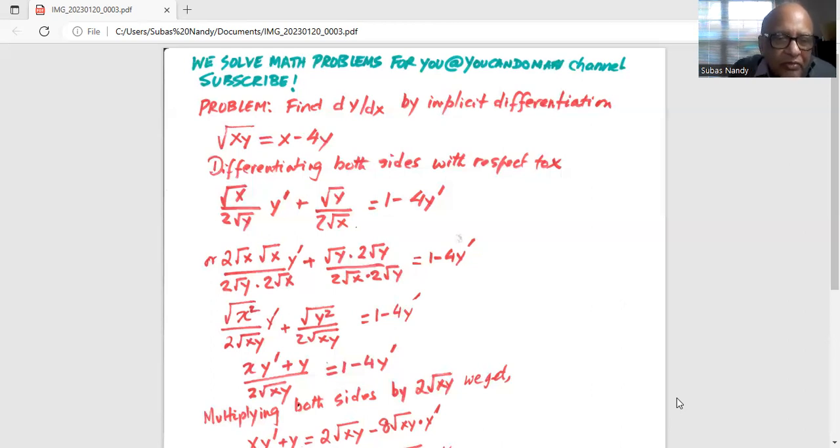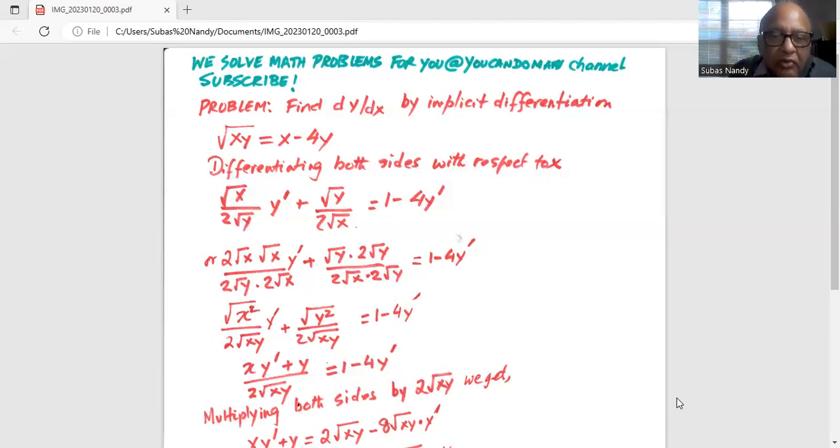Now, because we have the same common denominator, 2 square root of y times 2 square root of x, which is basically 2 square root of xy, we get square root of x squared. Remember, the 2 in the numerator cancels with the 2 in the denominator.